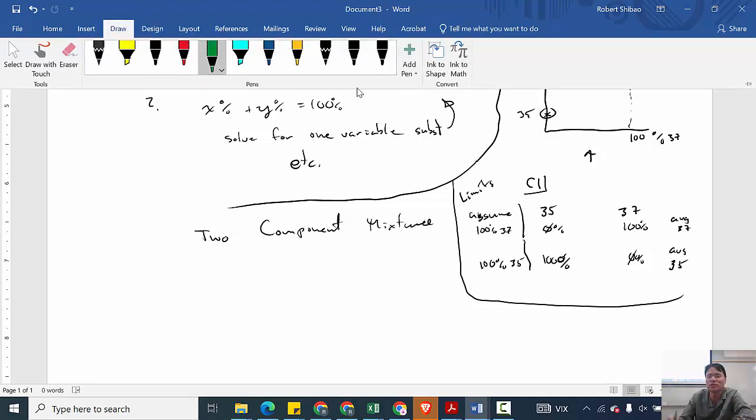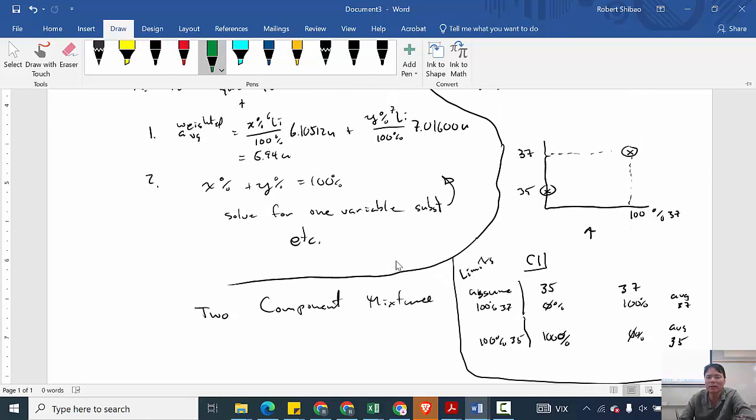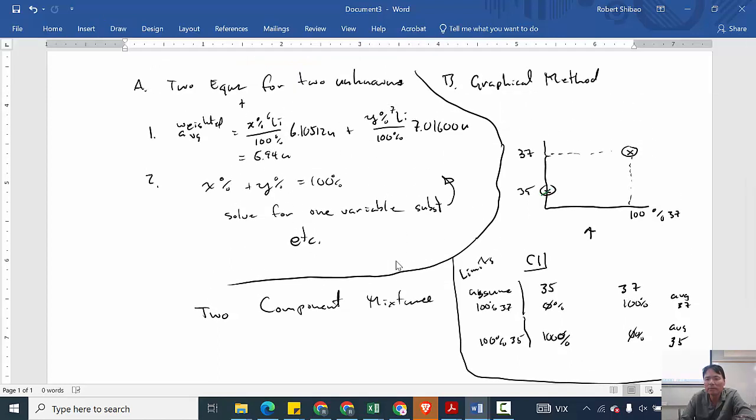A straight line relationship, we could draw it like this. So what we end up with is a graph like this.